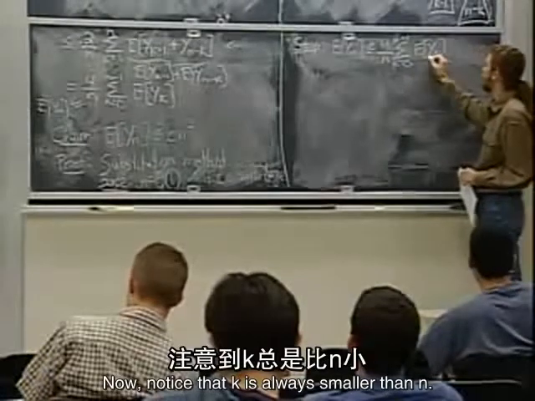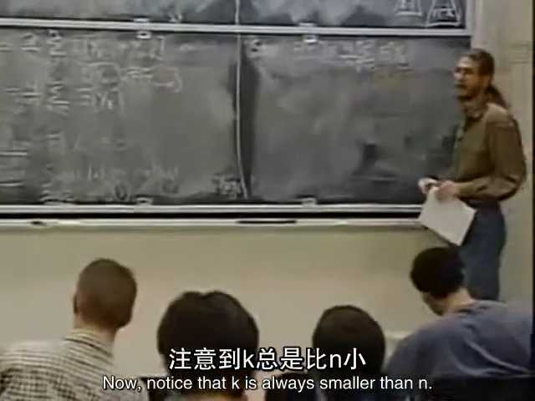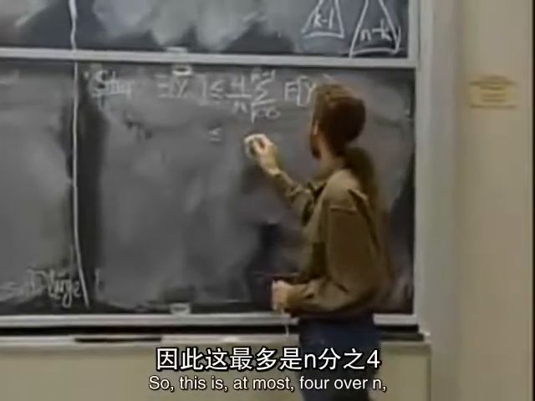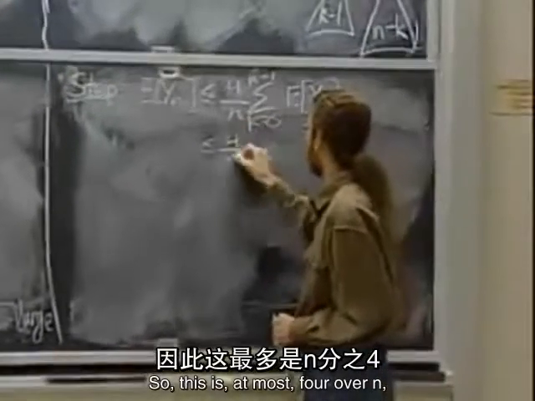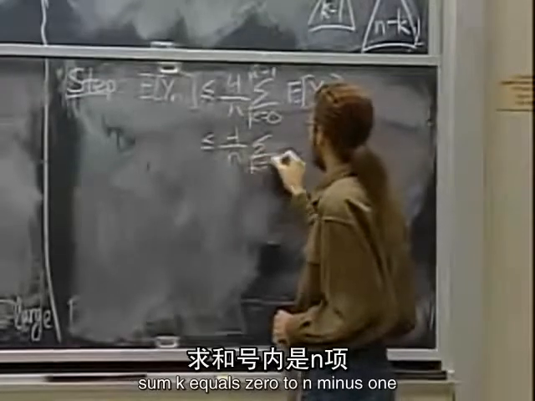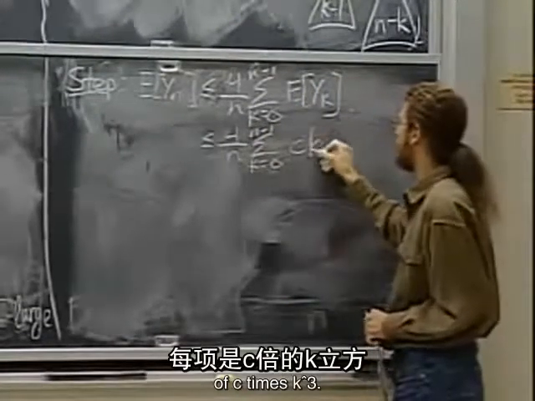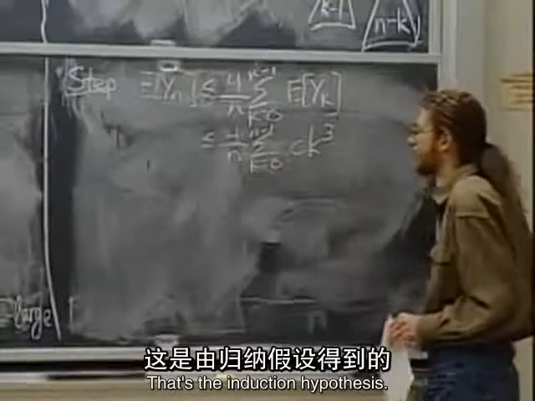Now notice that k is always smaller than n, so we can apply induction. So this is at most 4 over n sum k equals 0 to n minus 1 of c times k cubed. That's the induction hypothesis.